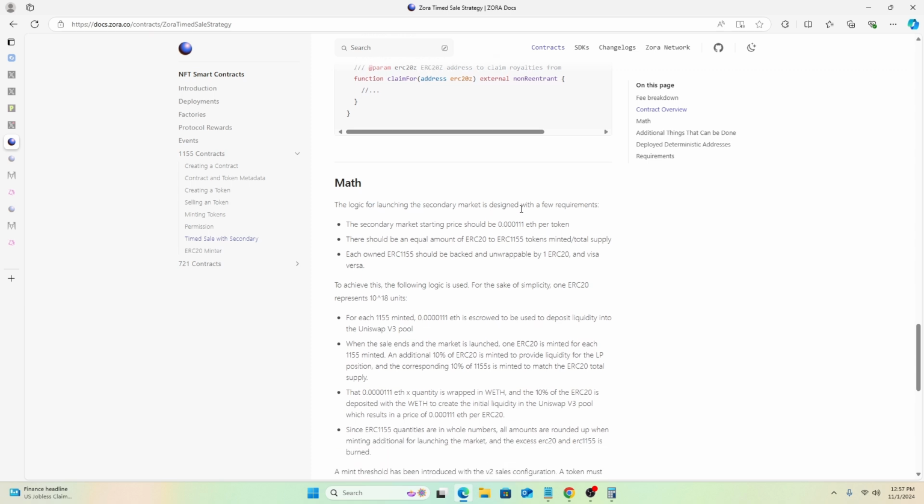The logic for launching the secondary market starting price: okay, so we're wrong. The secondary market price is expected to be the same price as during the NFT sale. There should be an equal amount of ERC20 to ERC1155 tokens minted, divided by total supply.